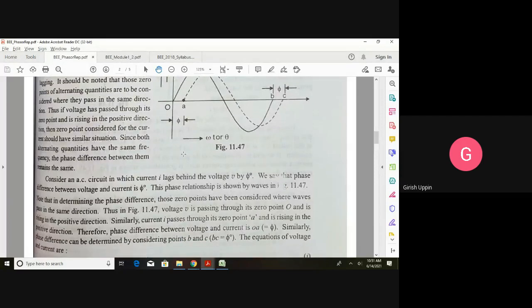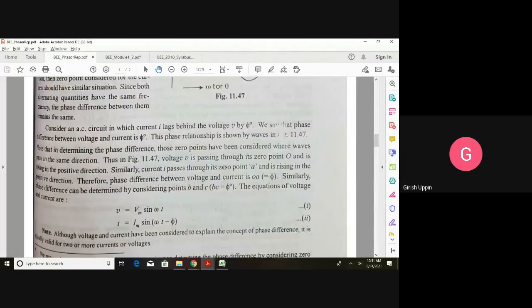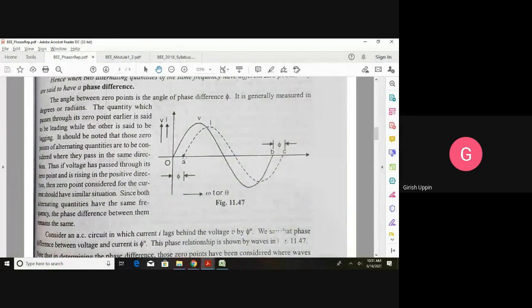And similarly, for the current, if omega t is equal to phi, phi minus phi is 0, sin of 0 is 0. So at angle phi, the current is 0. You have to remember, because the current is starting late, this is represented as v is equal to Vm sin omega t, and current i is equal to Im sin(omega t minus phi). So you have to say minus phi. That is how we represent it.